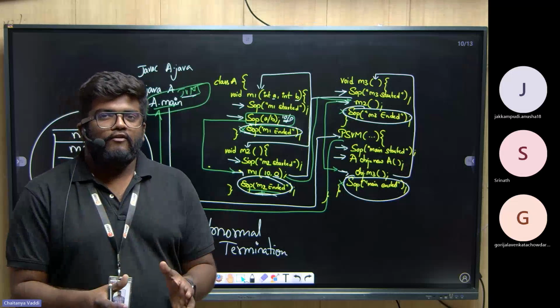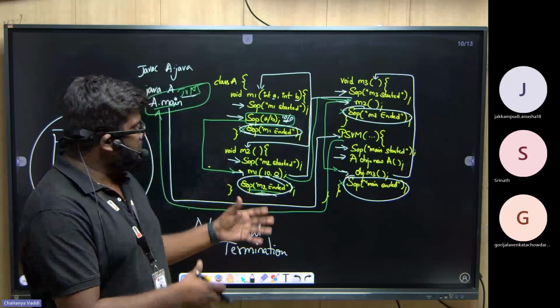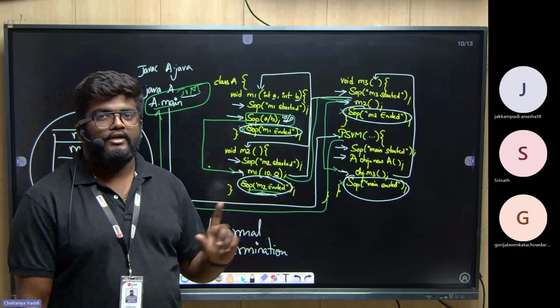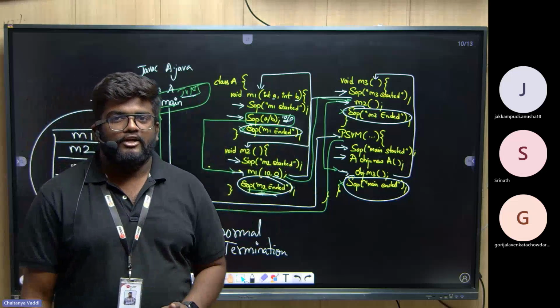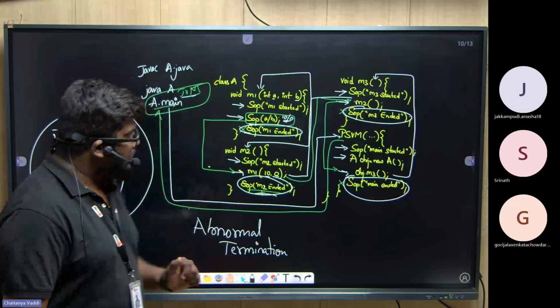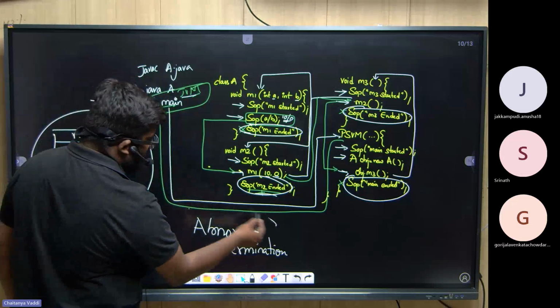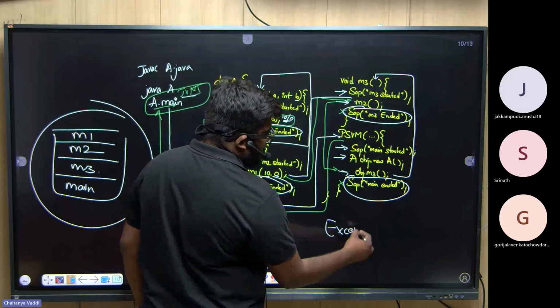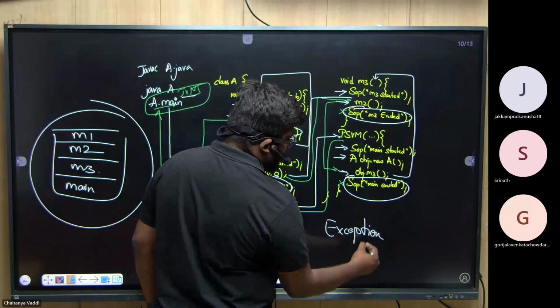You should always make sure that the program terminates gracefully. That is something that you have to always do, guys. To avoid abnormal termination, we are going to use something called exception handling.